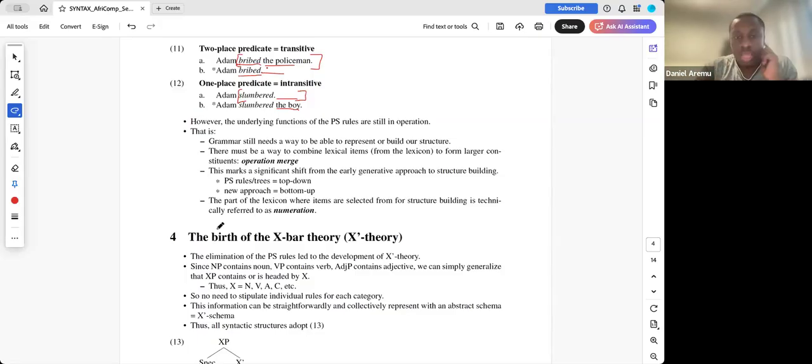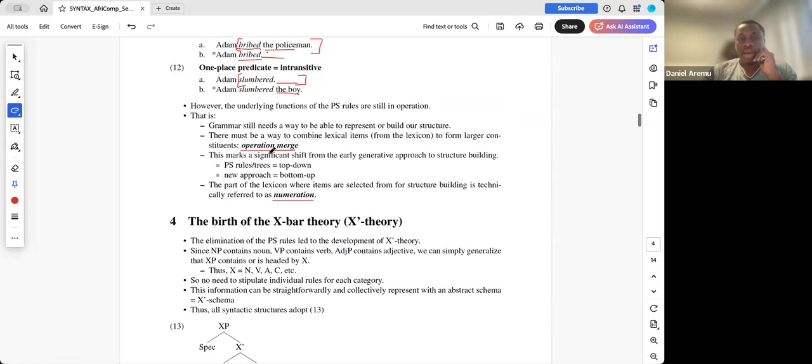Okay. And another word you should note is numeration, right? We've looked at the operation Merge, which says you merge different elements to create a new element or a new constituent, and I'm going to use the structure in 13 now to explain that later. This is done with the use of numeration. What does that mean?